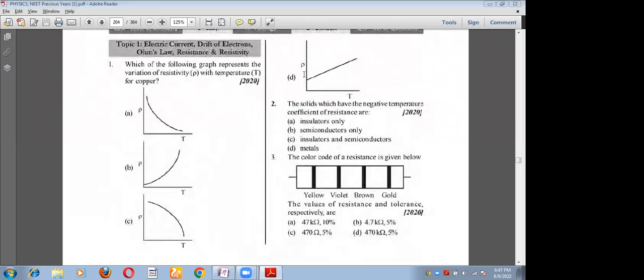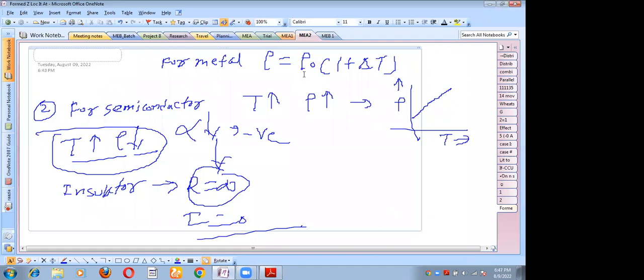I think you were disconnected. Again, see, we know that for semiconductor, resistivity decreases with temperature. When temperature rises, resistivity of semiconductor decreases. It means the temperature coefficient of resistivity is negative for semiconductor. For insulator, we already know that resistance is infinite.